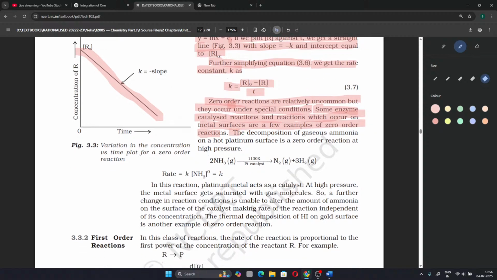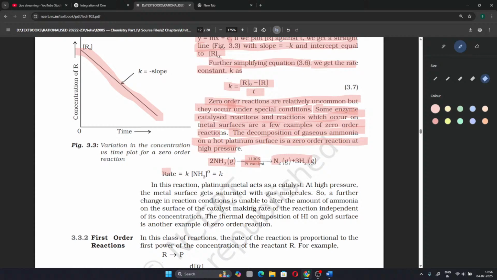The decomposition of gaseous ammonia on a hot platinum surface is a zero order reaction at high pressure. NH3 gas at 1000 Kelvin with platinum as a catalyst gives nitrogen and hydrogen gas.